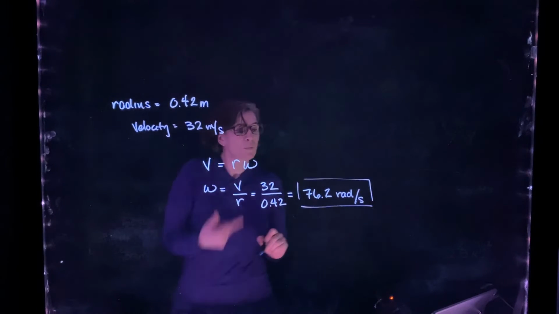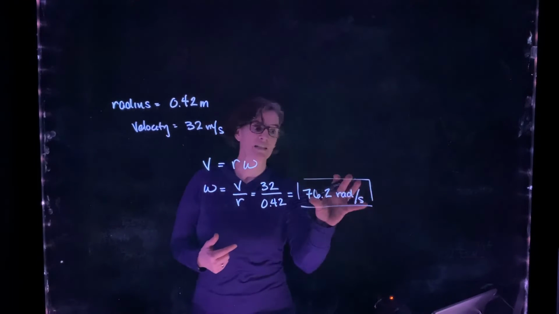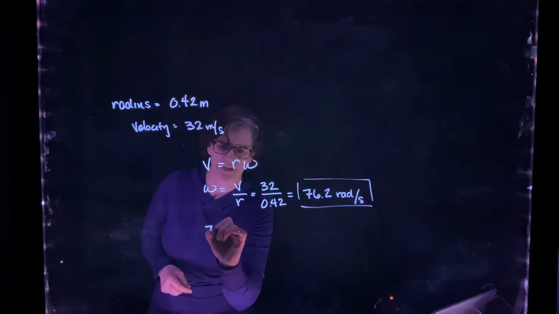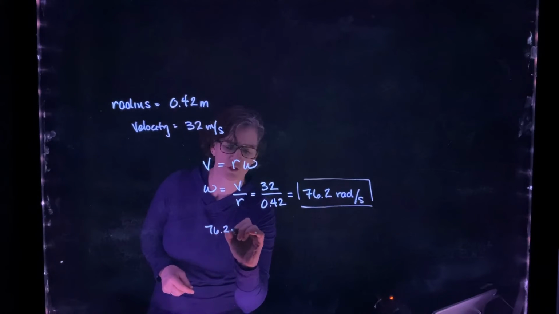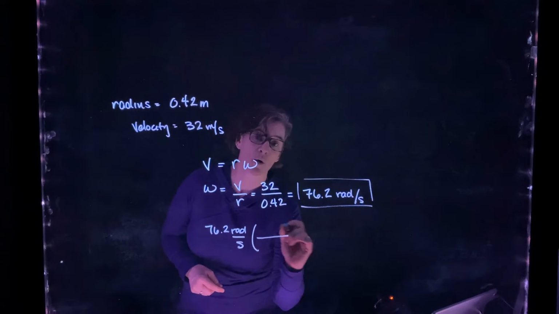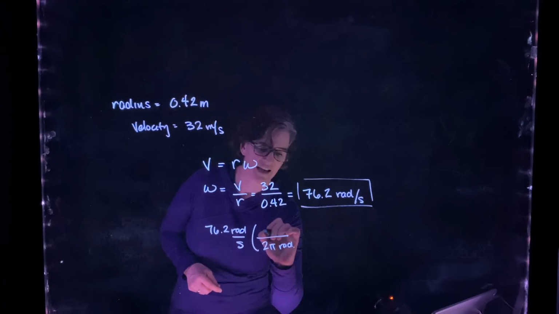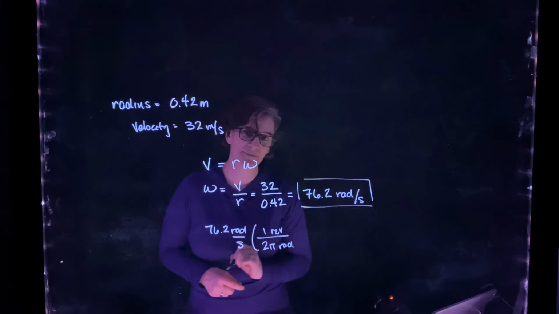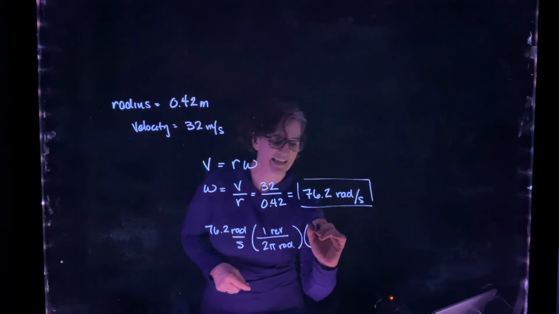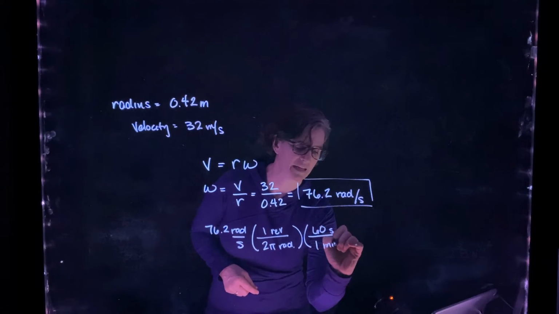Part B says, well, what is that in revolutions per minute? So we're going to convert radians per second to revolutions per minute. So we have 76.2 radians per second. I know in 2 pi radians, I get 1 revolution. And in 60 seconds, I have 1 minute.